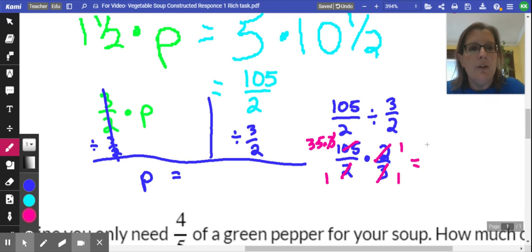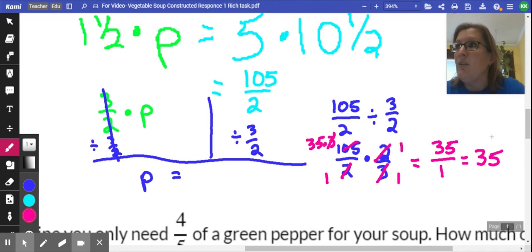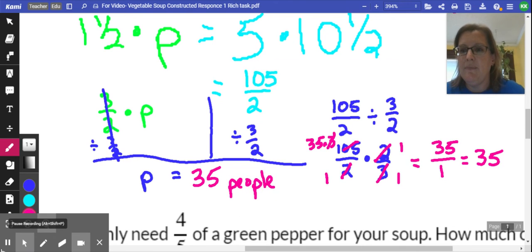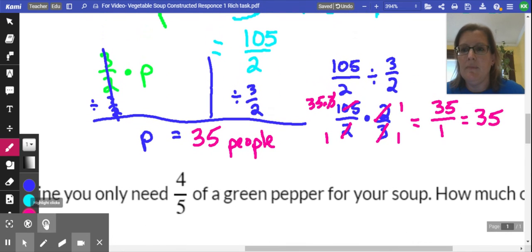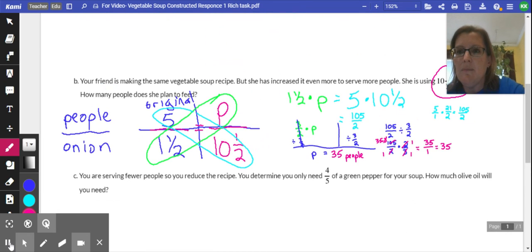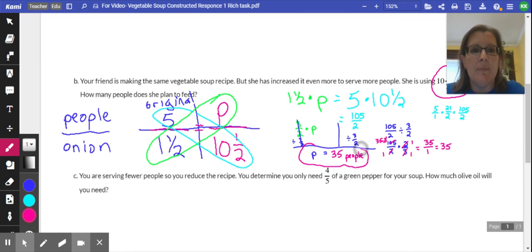So then I'm left with 35 times 1 is 35, and 1 times 1 is 1. So P equals 35 people. So for part B, we find out that if she is using 10.5 onions, then she is feeding 35 people.